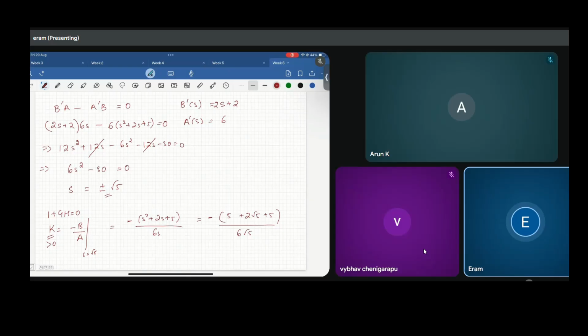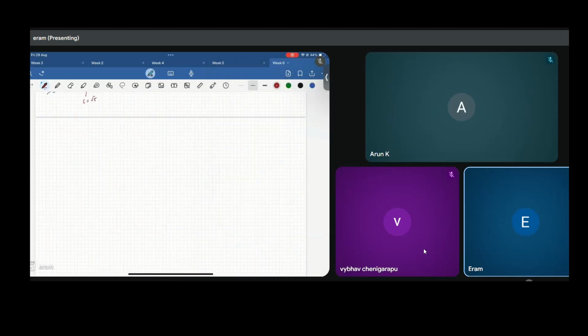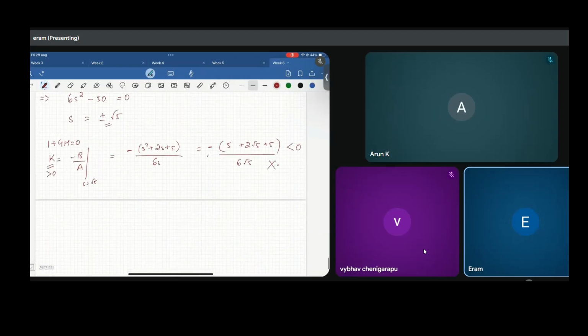Both the numerator and denominator are positive with one negative sign, so it will be negative. So K will be negative, which is not a valid point. So then the correct option must be minus root 5. Let's check K for this also.